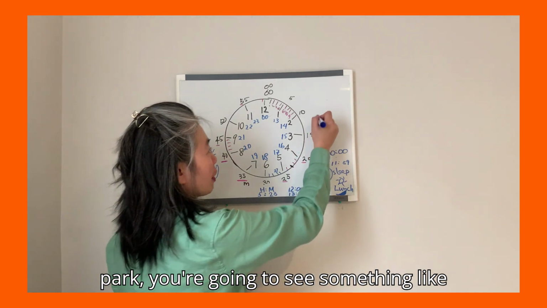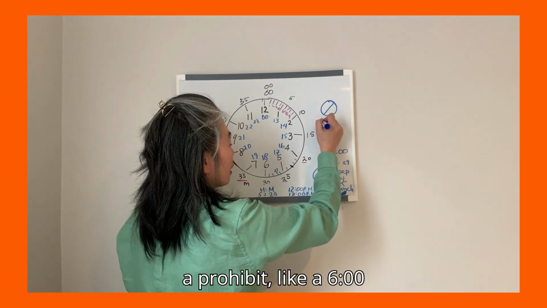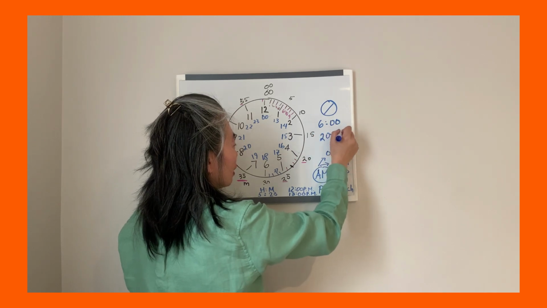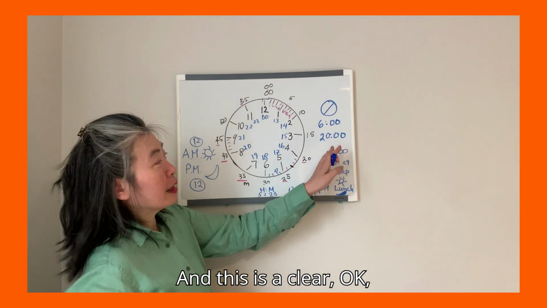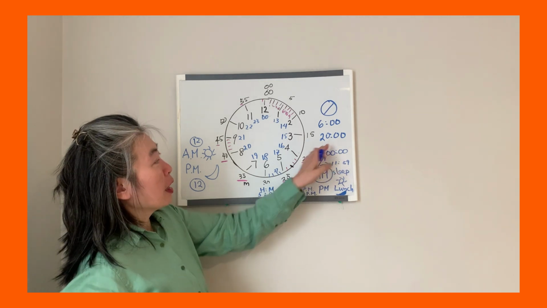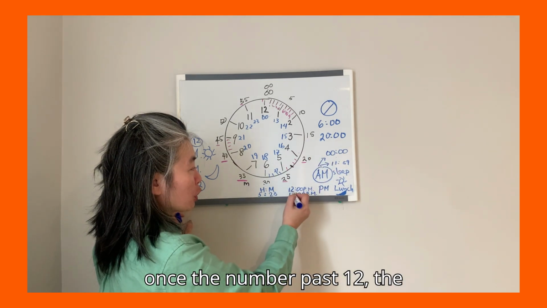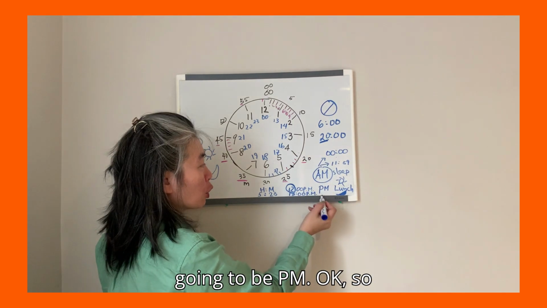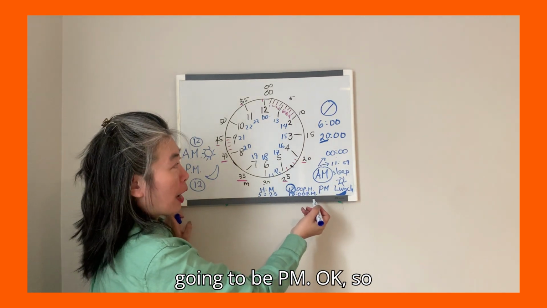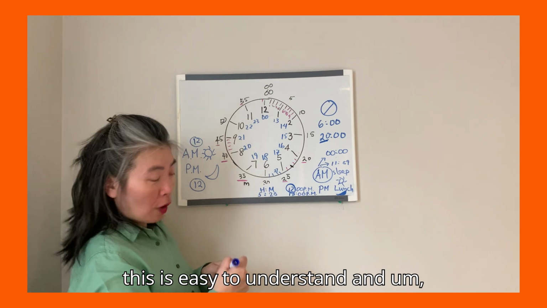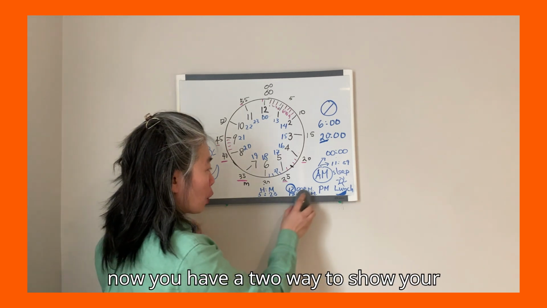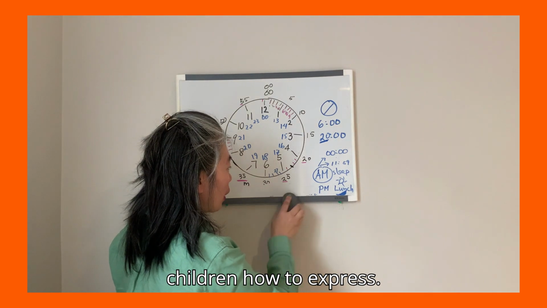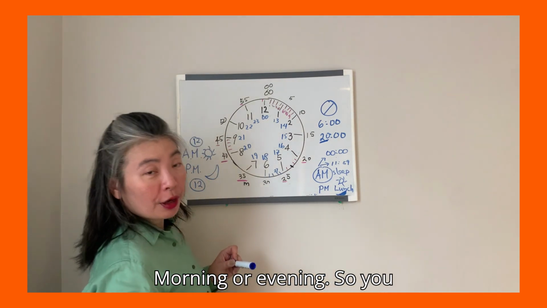You're going to see something like a prohibition from 6 a.m. until 20. You're going to see something like that. And this is clear, okay? Once the hour is past 12, it's going to be PM, okay? So this is easy to understand, and now you have two ways to show your children how to express morning or evening.